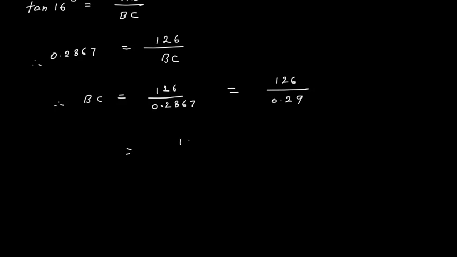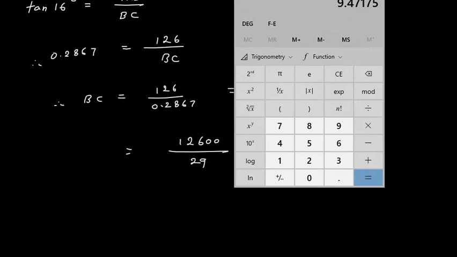So this can be written as 12600 upon 29. Now you can divide it easily. So here I will use calculator. 12600 divided by 29. Answer is something like 434.48.